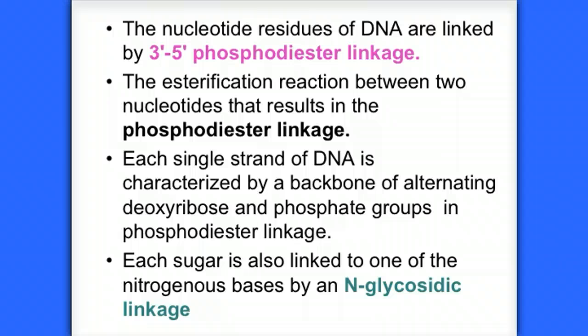These bonds are referred to as 3', 5' because every sugar molecule has carbons which are designated as 1, 2, 3, 4 and 5, and if the third carbon attaches at one end with another molecule, that end is referred to as 3', and the carbon at the fifth position, if bonded to another molecule, at the other end is referred to as 5'.